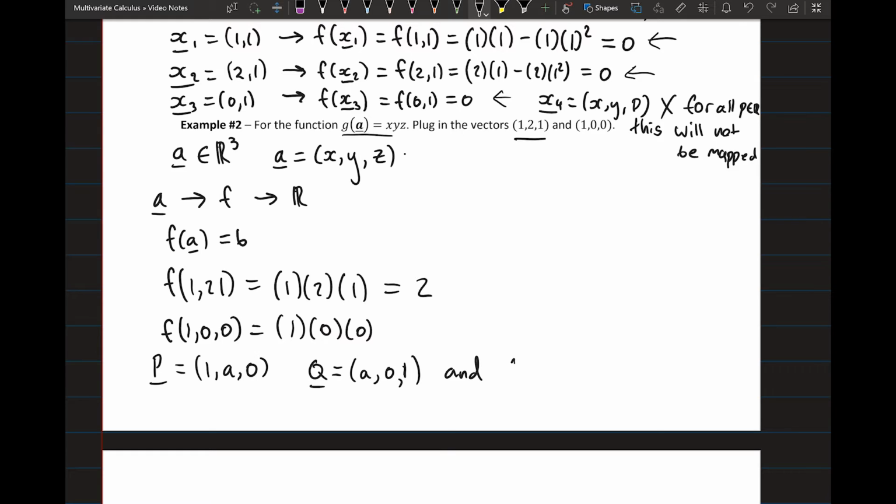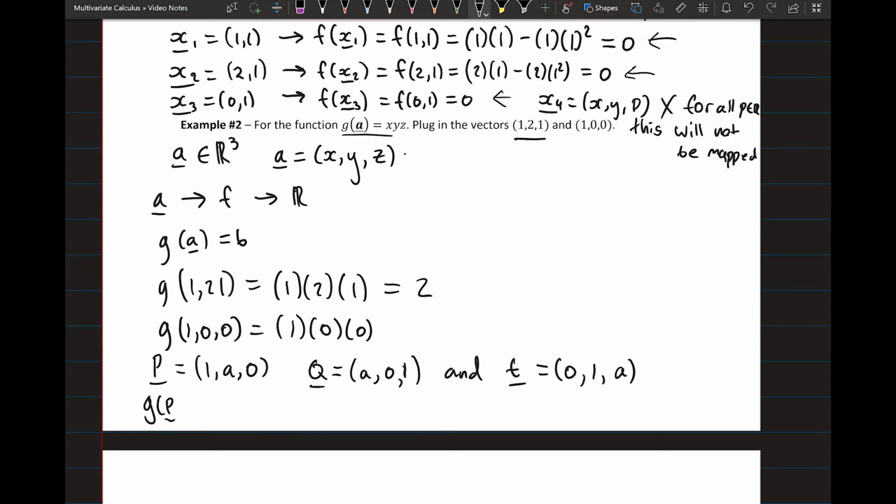And t is equal to 0, 1, a. So what I've done here is I've moved the zeros and some of the numbers around, and let's see how that impacts the function's value. For some reason I put f's here. I think it's just standard to use f's, so that's supposed to be g's. We're putting it into this function. We still use the same function, so the answer is correct.